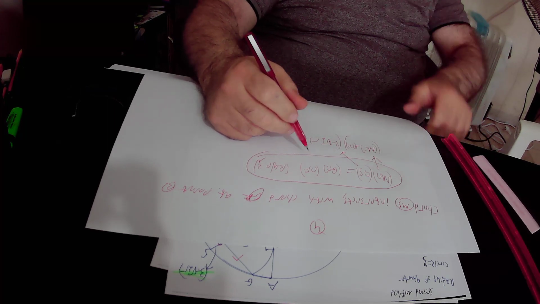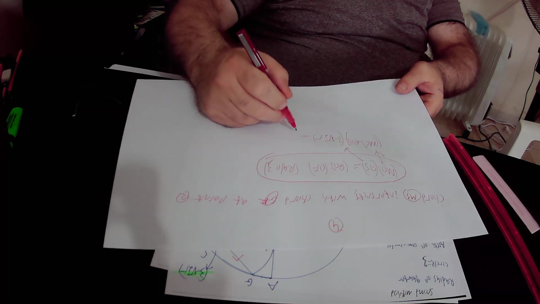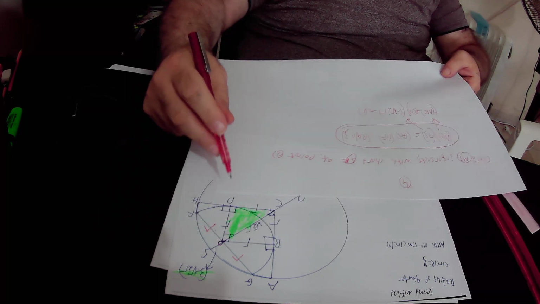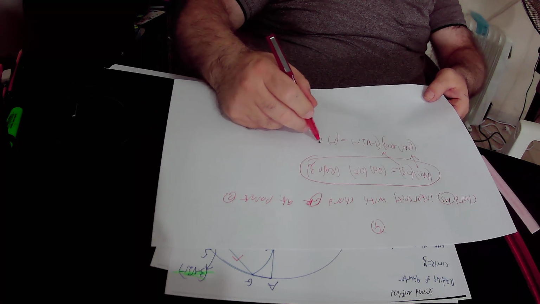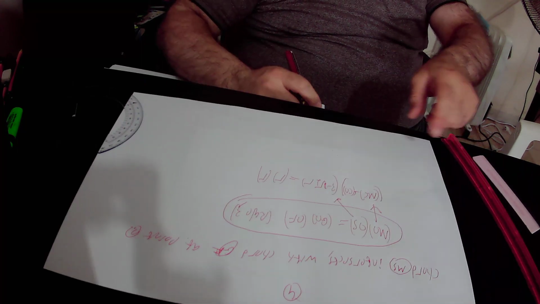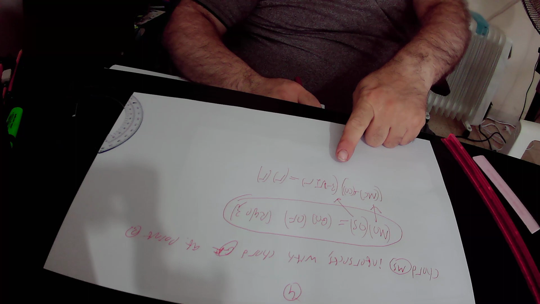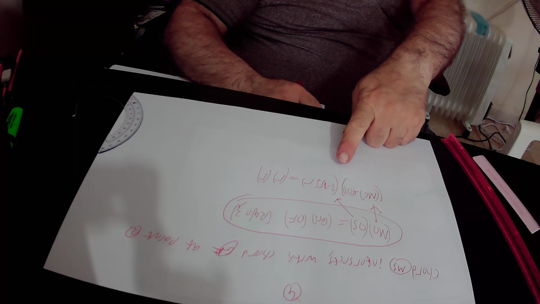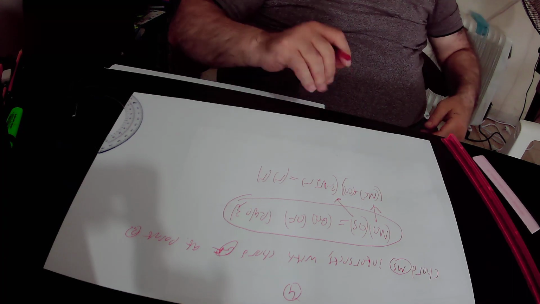And it is equal to GO, that is R, times OF, that is also R. So in conclusion, we found out that MC plus CO times 3 minus square root of 2R will be equal to R times R, that is R squared.